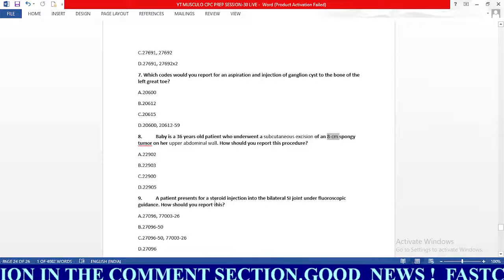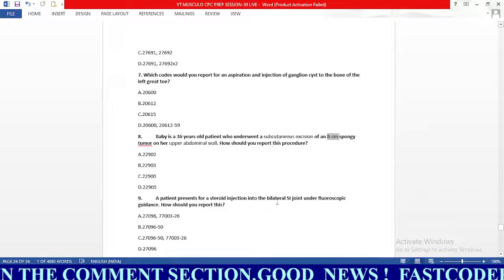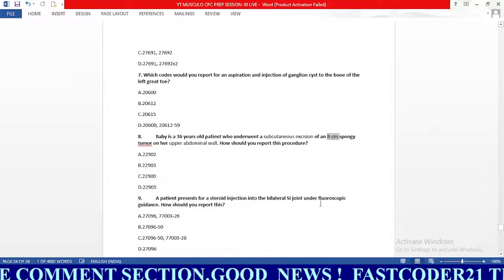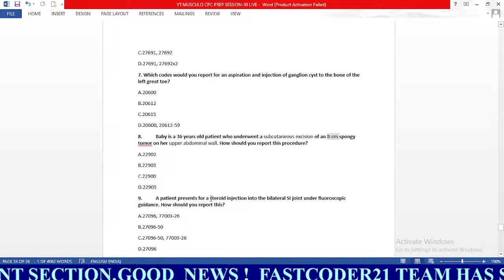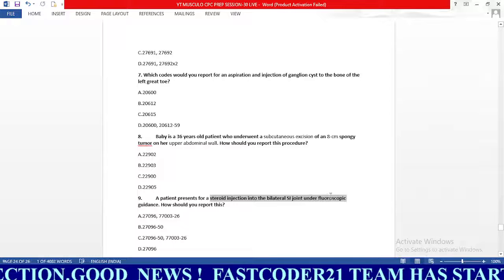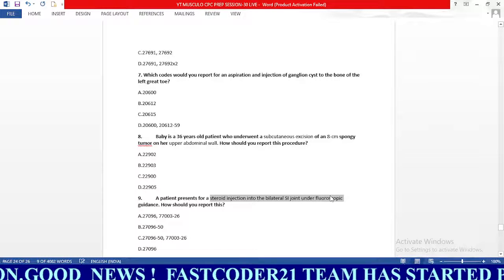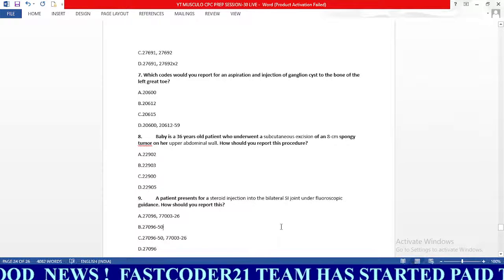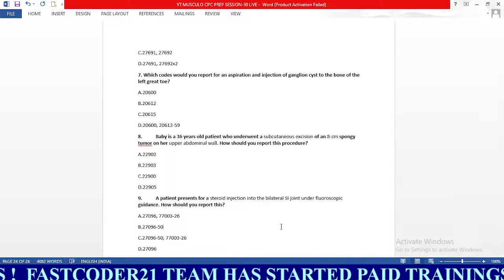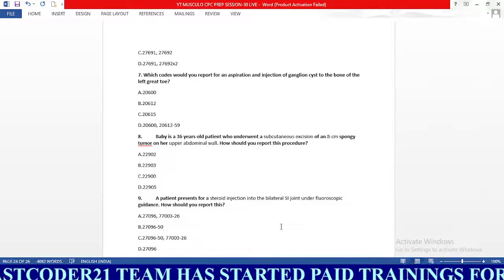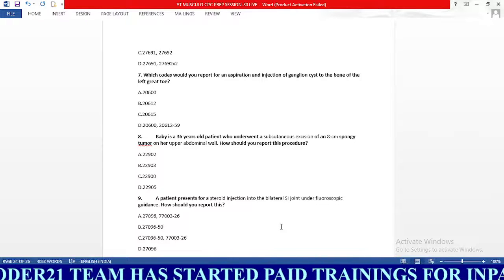A patient presents for steroid injection into the bilateral SI joint under fluoroscopic guidance. How should you report this? We'll make keywords here: steroid injection into the bilateral SI joint under fluoroscopic guidance. So we will check 27096.